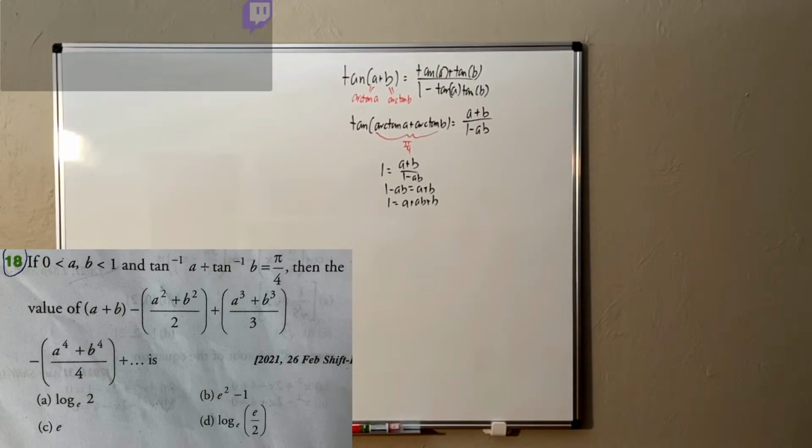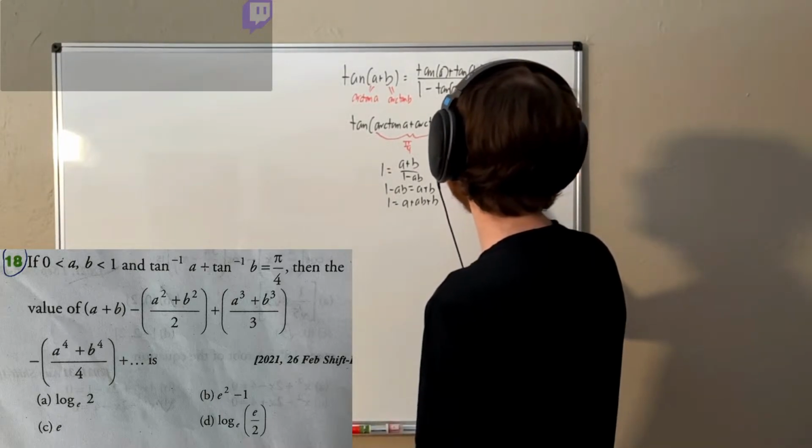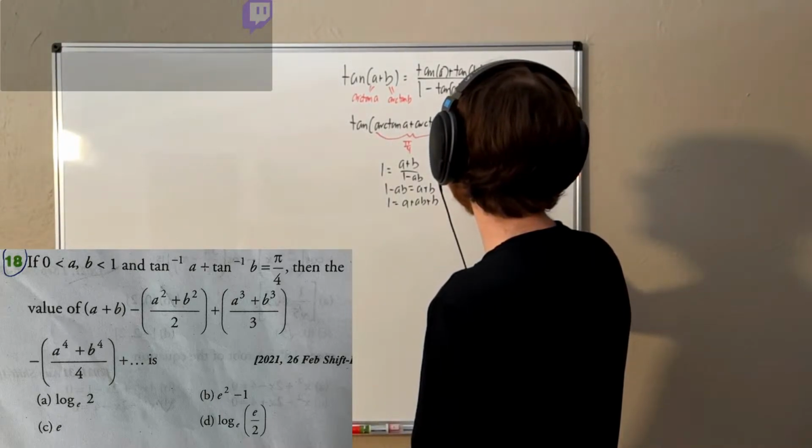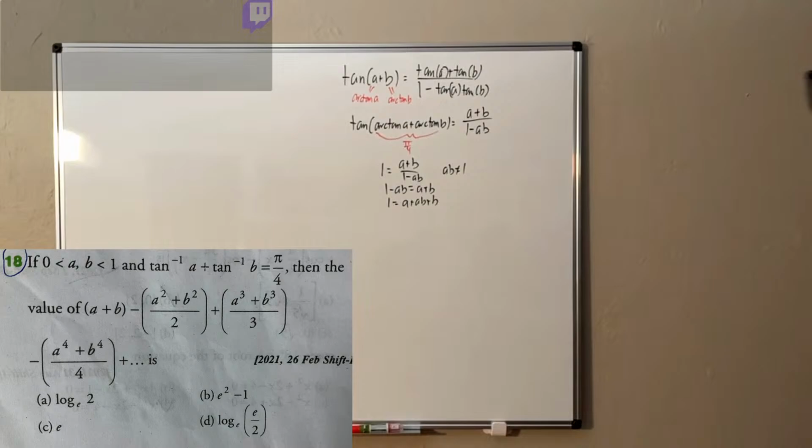I guess we'd have to stipulate AB doesn't equal 1, which I think can conceivably happen. Yeah. So now what?